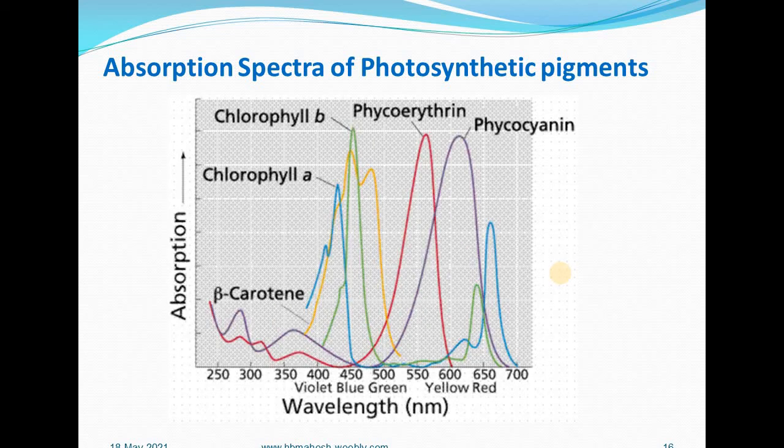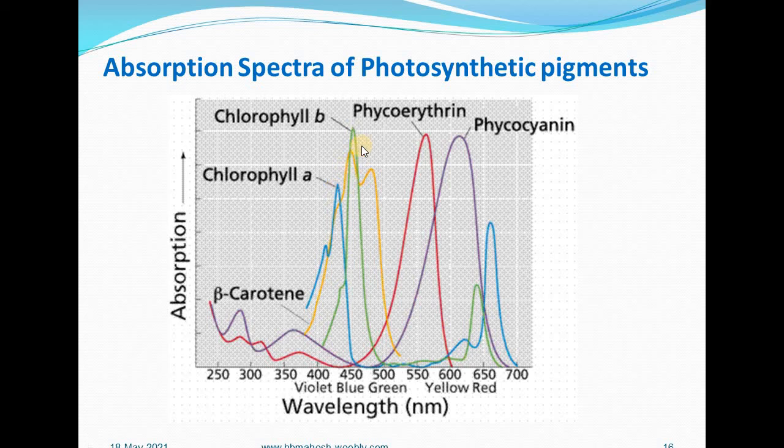In this slide, I wish to show the absorption spectra of photosynthetic pigments. Please observe the x-axis: it shows the different wavelengths as well as colors of the radiation. This is the absorption level on the y-axis. Chlorophyll A absorbs maximum at around 430 nanometers.